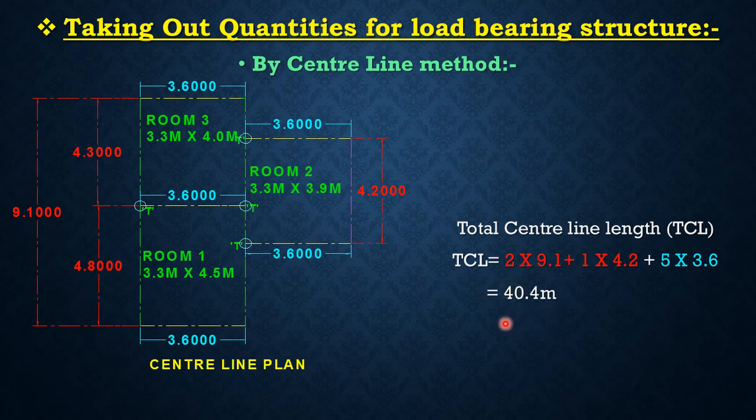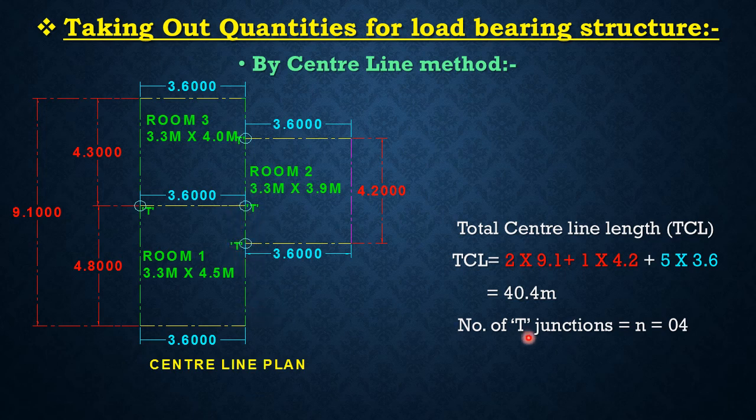The most important part is the calculation of the number of T junctions. How to calculate the total number of T junctions? We know where 3 sides of wall, first, second and third, meet together, they form a T junction. So here is one T junction, second T junction, third T junction and fourth T junction.